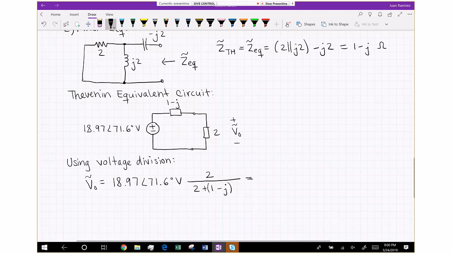If you work out the ratio of impedances, you should get 0.63 at 18.4 degrees. And when you do that multiplication, you get 12 volts with a 90 degree phase angle, which is what we got last time.